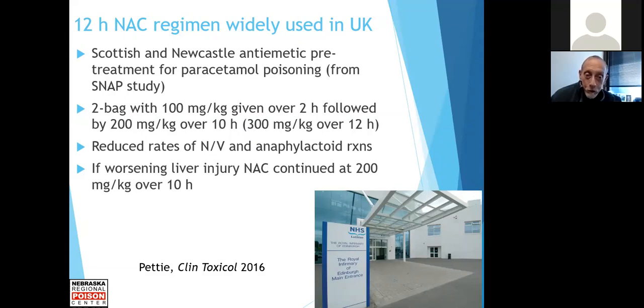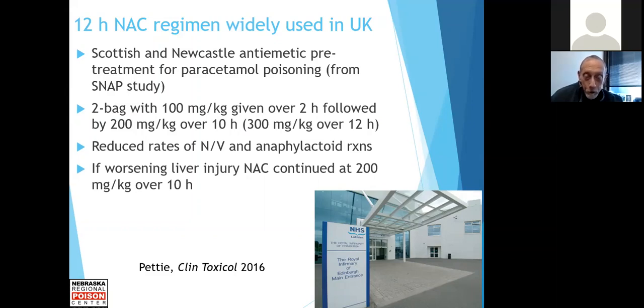They now use something called the Scottish and Newcastle antiemetic pre-treatment for paracetamol poisoning, something known as the SNAP protocol, where they start off giving the acetylcysteine more slowly and then ramping up the infusion rate. And they find that it reduces the incidence of adverse reactions. They also complete the infusion faster. But for some reason, it hasn't caught on in the US.